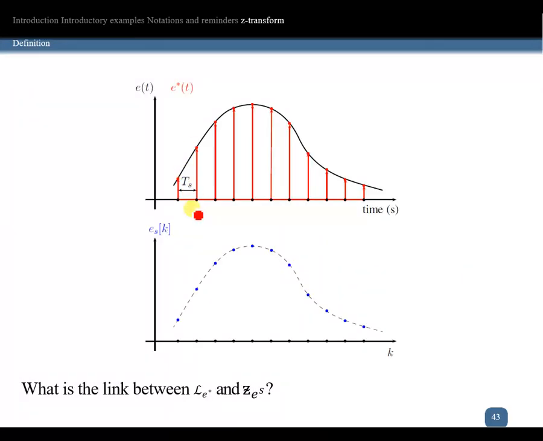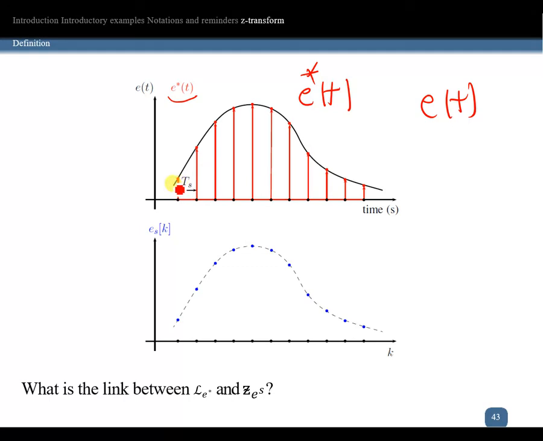Okay, now we will see e(t). If I take the sample, it becomes e star(t). Careful: e star(t) is always the sample of e(t).